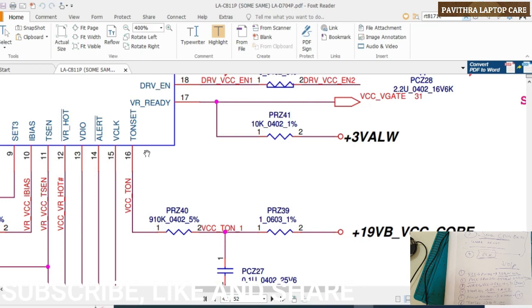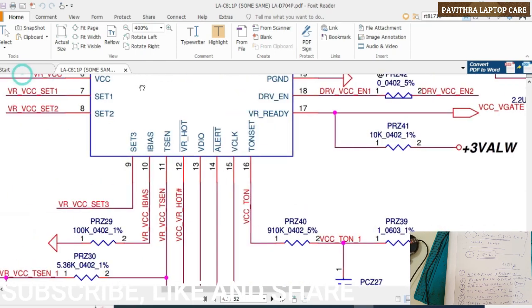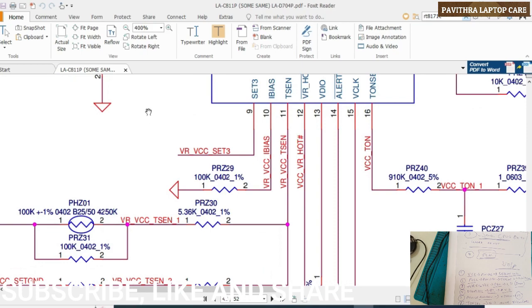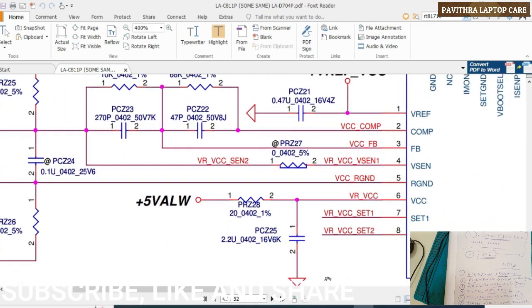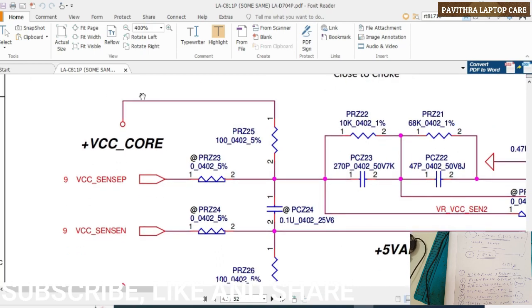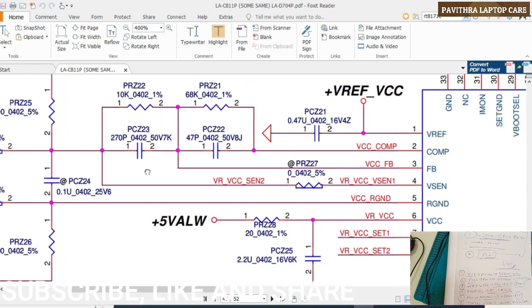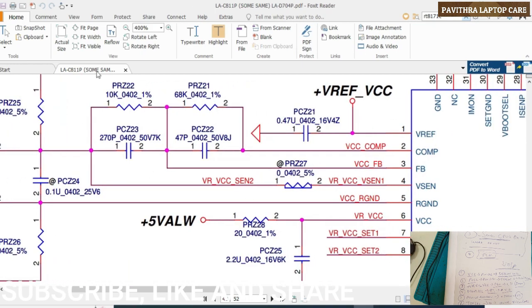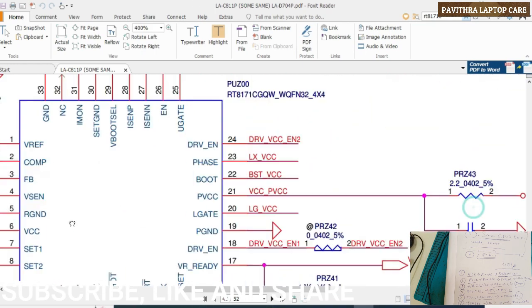What is that? 19 volts, VB_VCC_core. This is also very important. 19 volts. And any other inputs? 5 volts over. See, this is the output thing. Once VCC core comes here, the sense will be there, then feedback goes to the IC to produce continuous voltage.